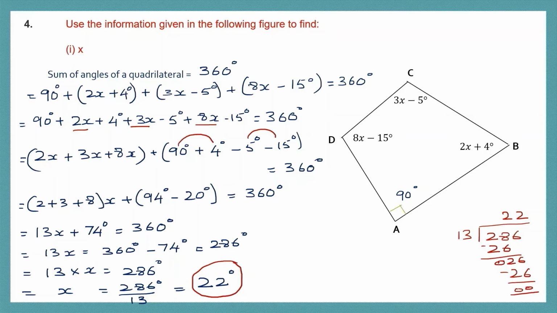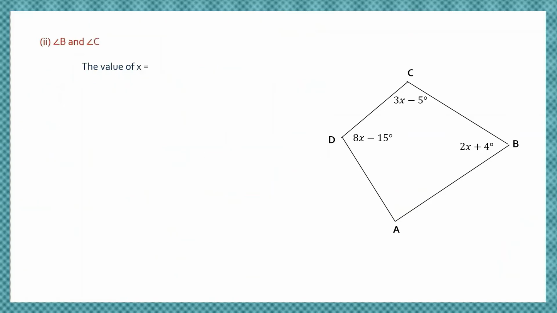Let's carry on with the same question. Here we have to find now angle B and angle C from the figure. And we know the value of x, we just found it to be 22 degrees. Now how much is angle B? Angle B according to the figure is 2x plus 4.